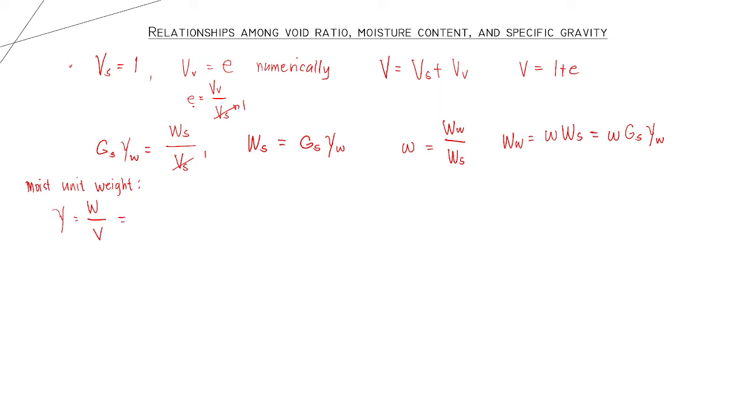And again, the weight is equal to the weight of soil solids plus the weight of water all over the total volume, which now we can write V as 1 plus E. And how would we express this in terms of the moisture content, unit weight of water, and specific gravity?